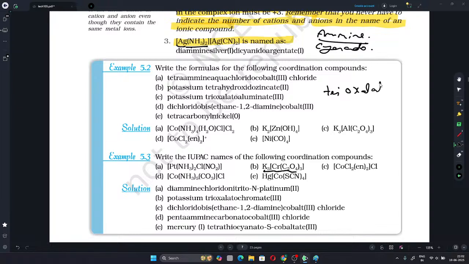Trioxalato chromate, and potassium first, potassium trioxalato chromate(III). Not chrominate but chromate. It's not 6, it's 3.